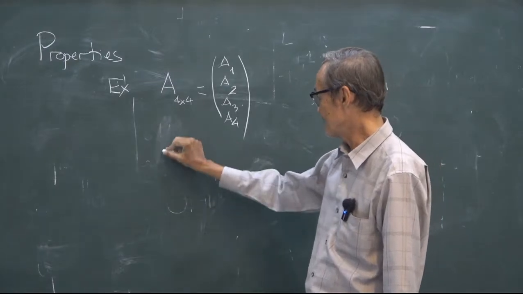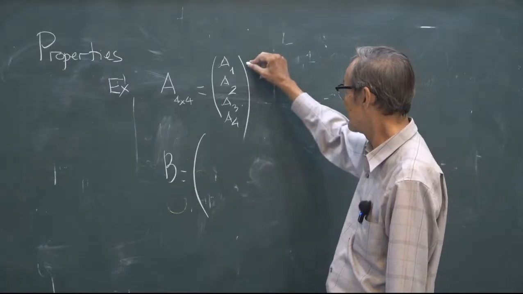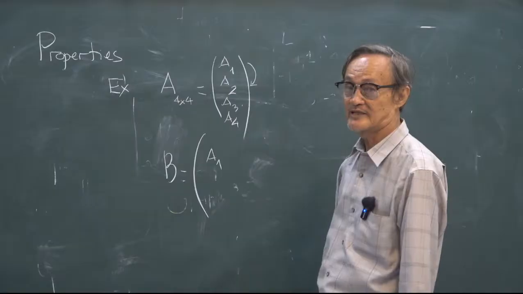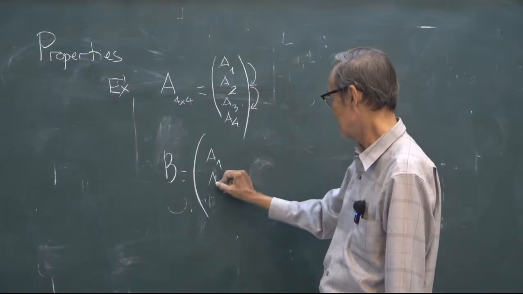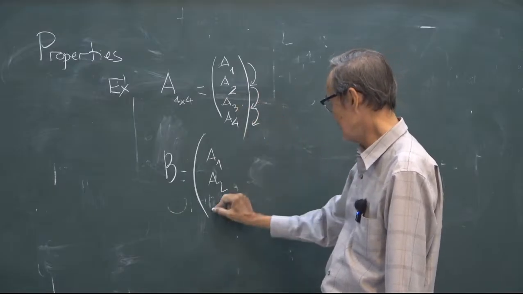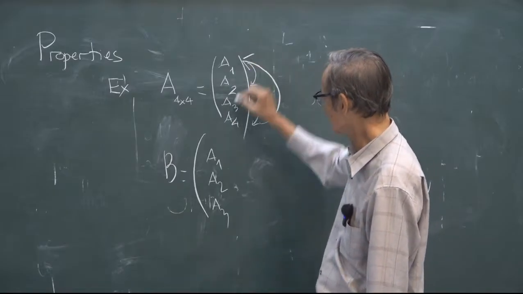B is obtained from A by moving this row to this, this row to this, row 3 to this, and moving this row.